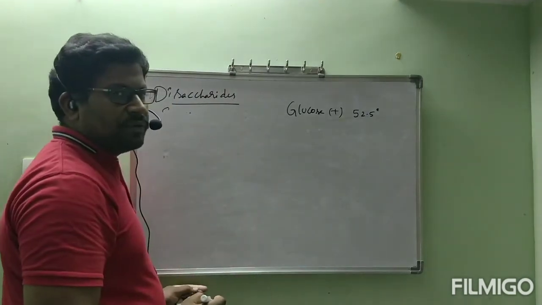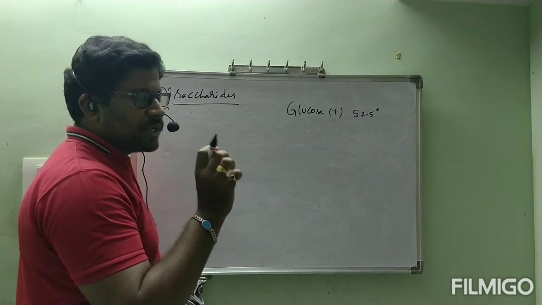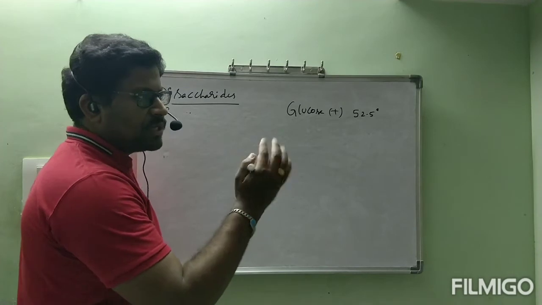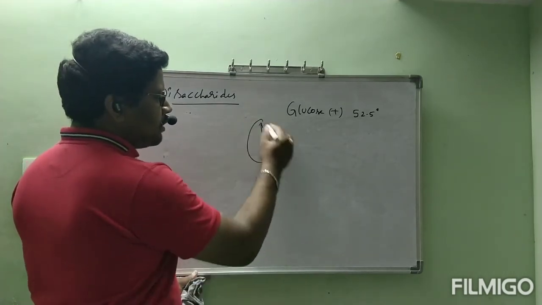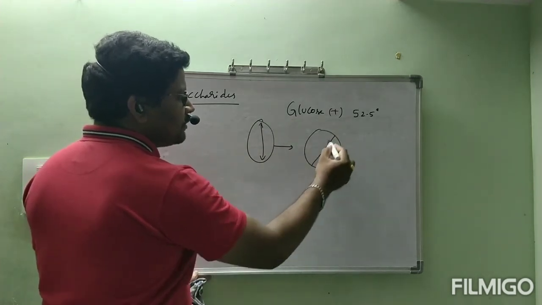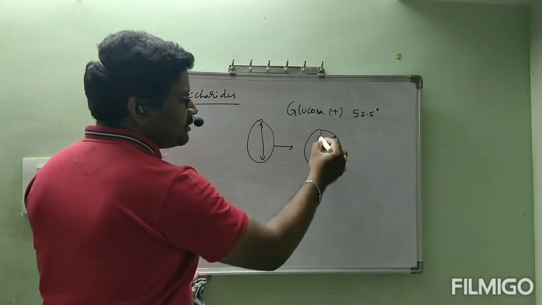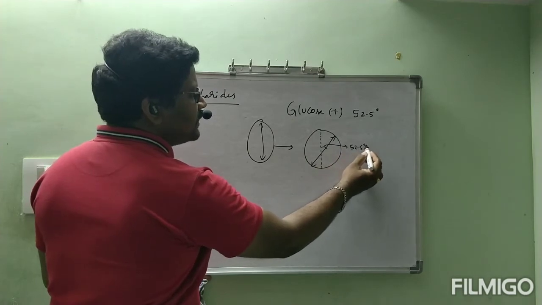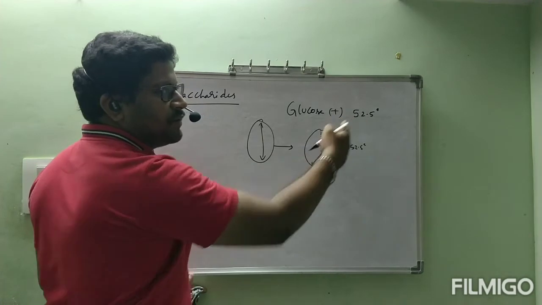Dextrorotatory with angle 52.5 means if polarized light is passed through the glucose solution, it will turn right side with an angle. Suppose this is the axis. What is the angle here? This is 52.5 degrees. That is glucose, dextrorotatory with angle 52.5.